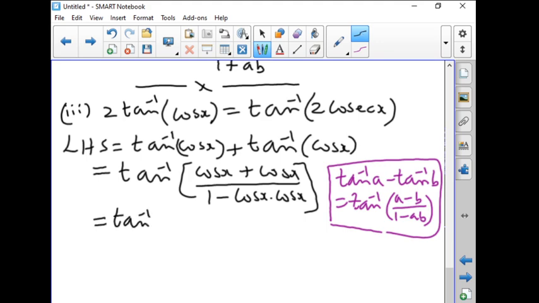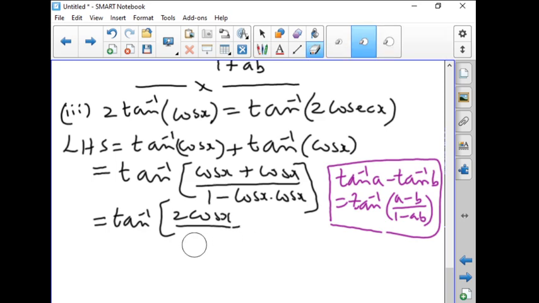Tan inverse of 2 cos x by 1 minus cos square x. What is 1 minus cos square x? 1 minus cos square x is sin square x. I will write one more step. So, this is 1 minus cos square x.